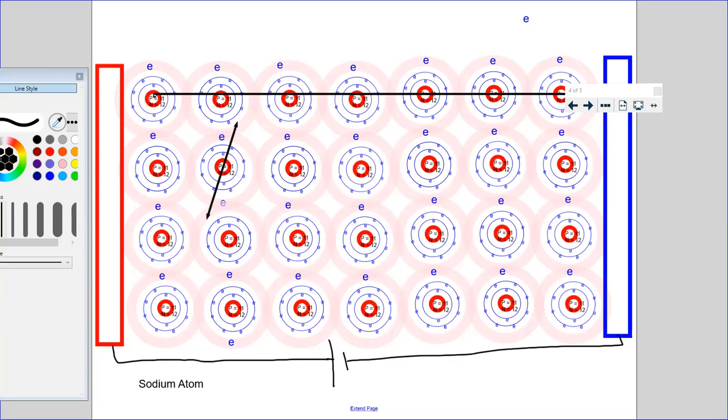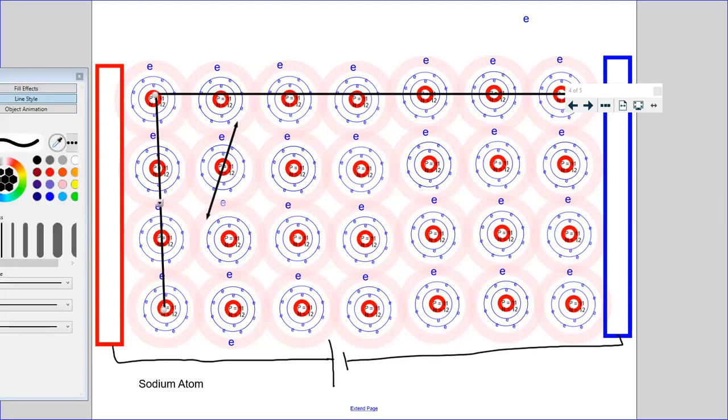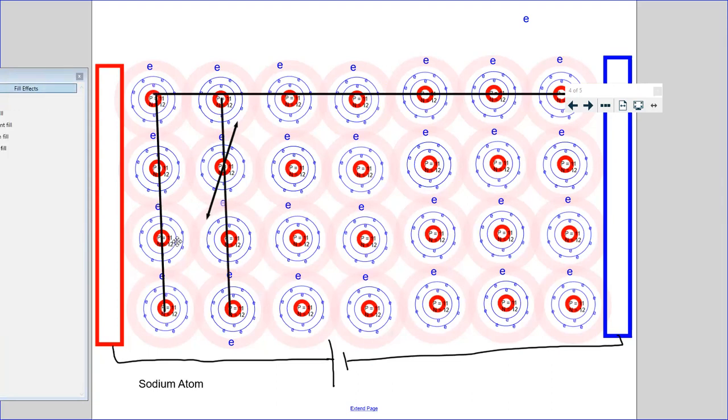Just wait. So this whole thing is a lattice. So what happened? This lattice can make collisions with the electrons, right?